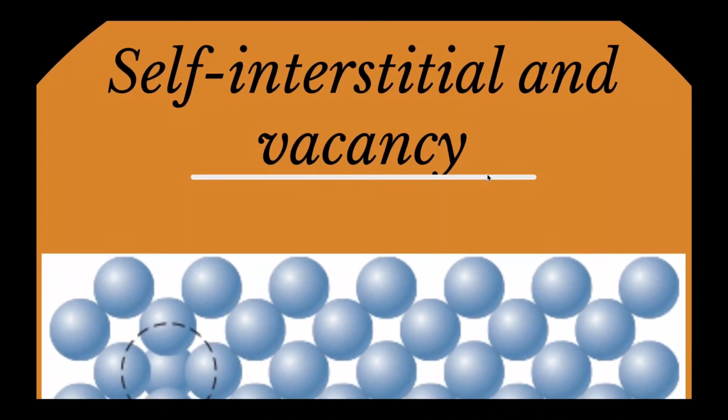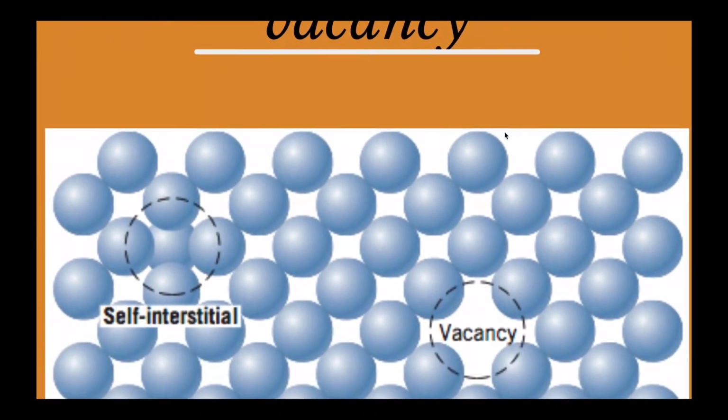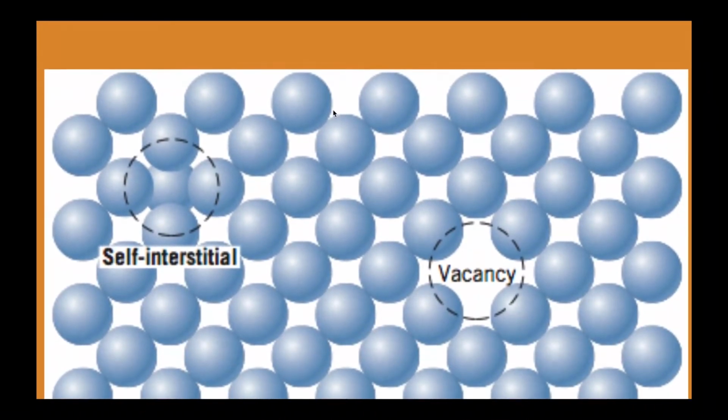So we start with this arrangement. Here's the atomic arrangement of materials. You see here there are two conditions. The first is vacancy, where there is no atom here. It should be an atom here, but there is not. We call this phenomenon vacancy.